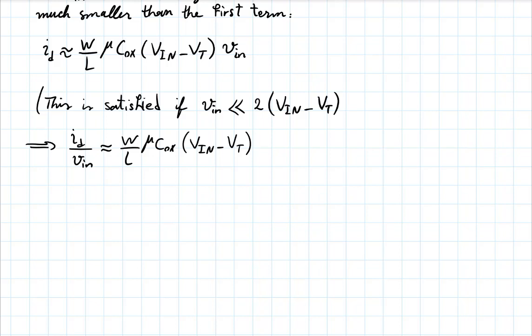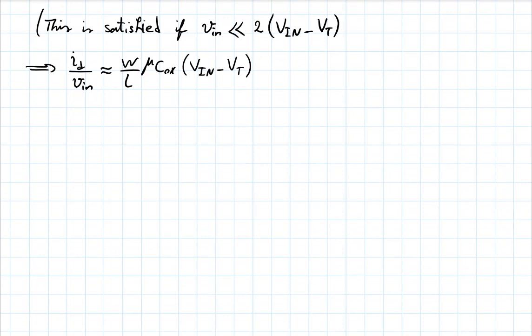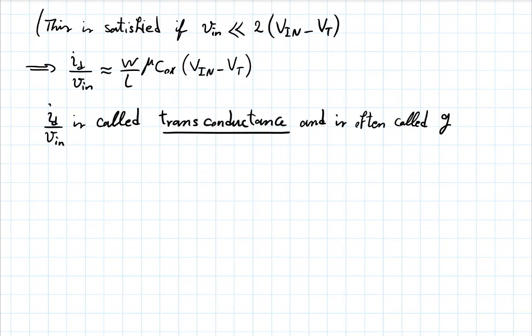It's some output current divided over some input voltage, hence the word transconductance. This GM is something you will hear a lot about, G sub M. The transconductance of the device ratio, and this is a small signal, of course.